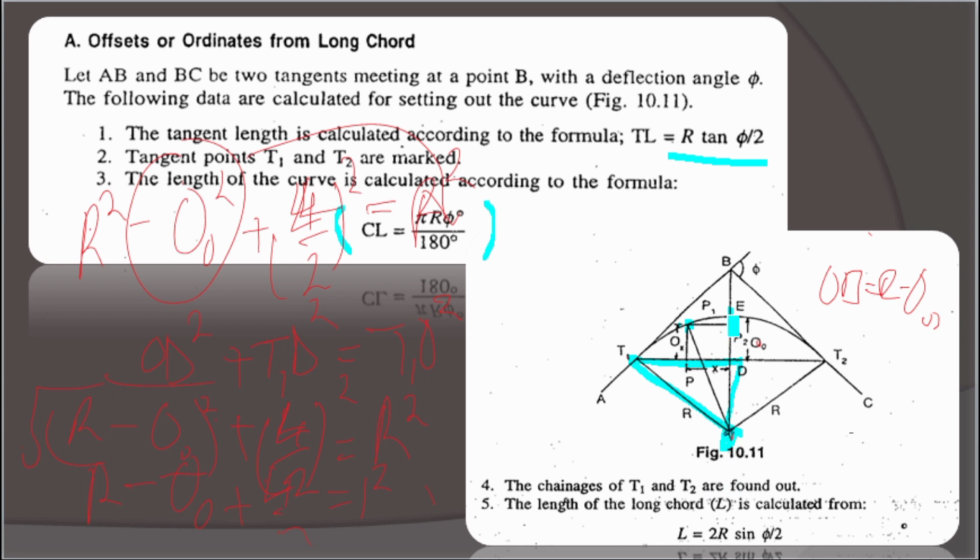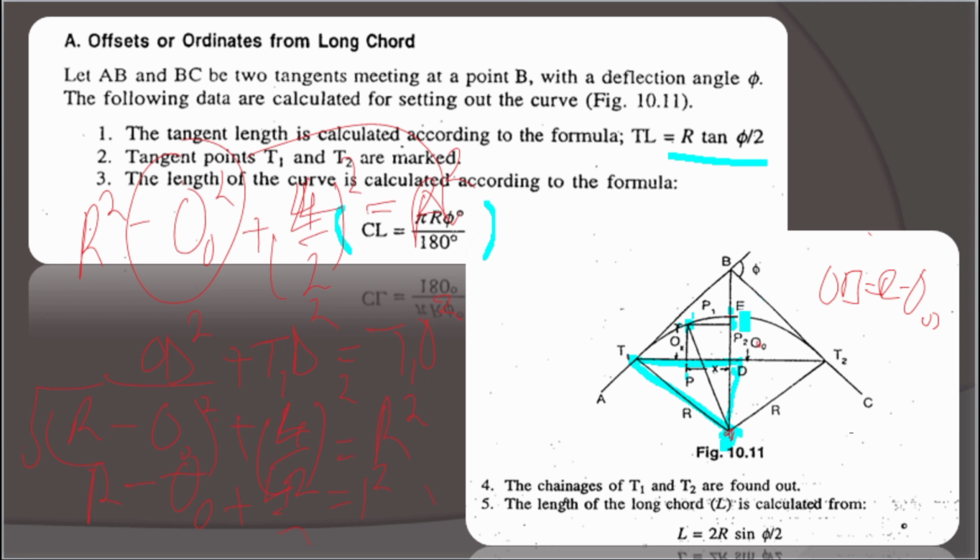The distance from P1 to P2 is x. We'll do the same: we'll square the length, and it will give us the square of the hypotenuse.